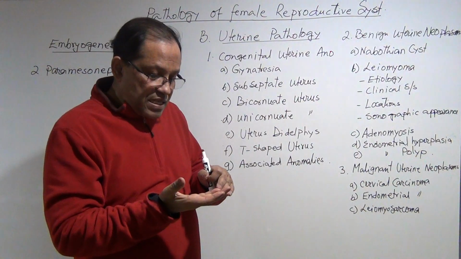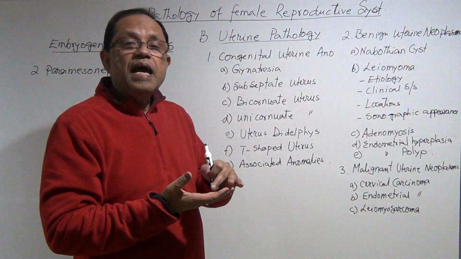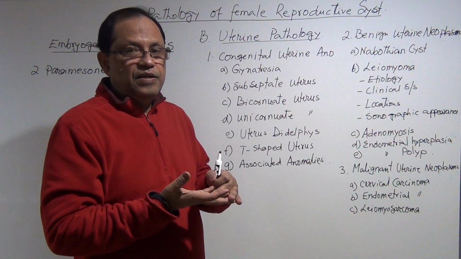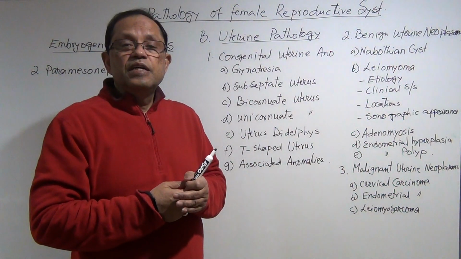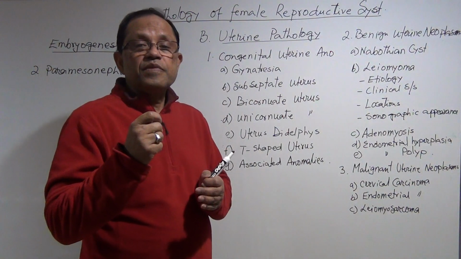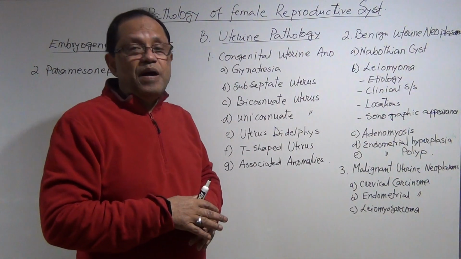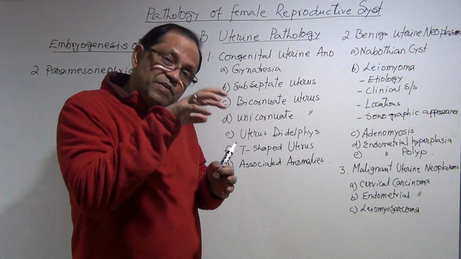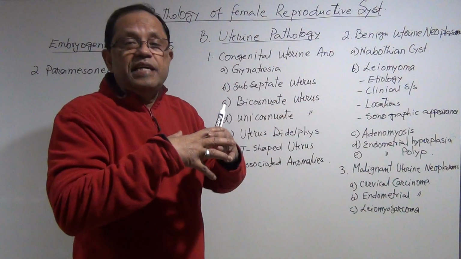The collecting system is the minor calyx, major calyx, and the renal pelvis. So these are the nephrogenic tubules. They form the rest of the collecting part, and as a result the collecting system comes first, and then the mesoderm comes next and forms the kidney.